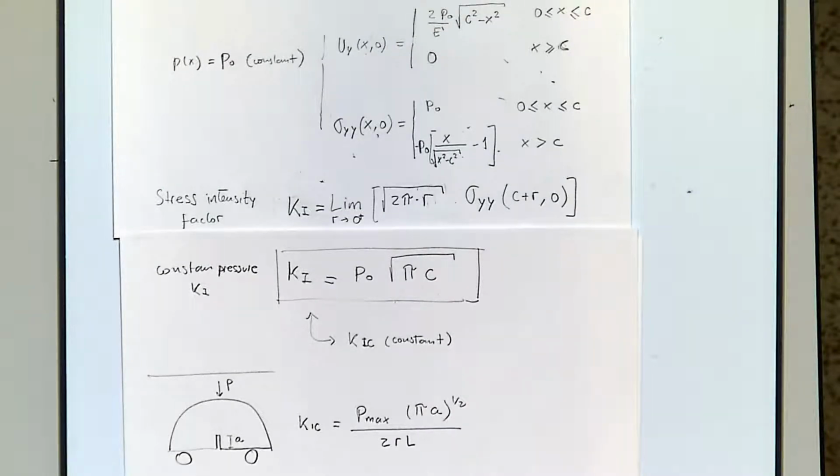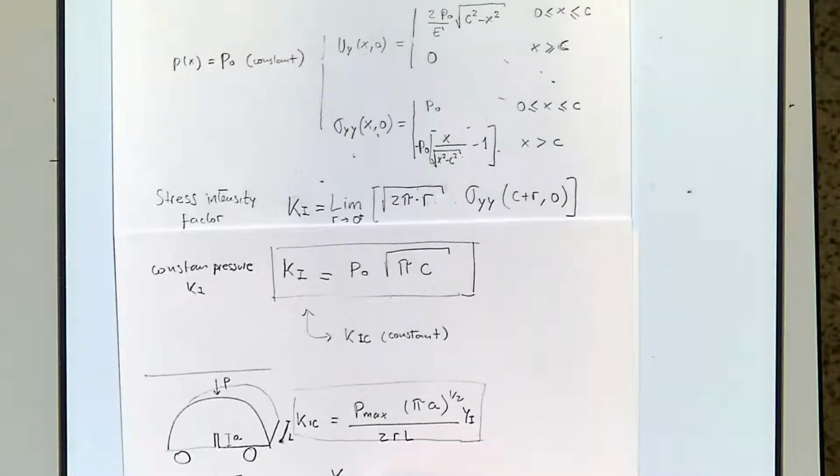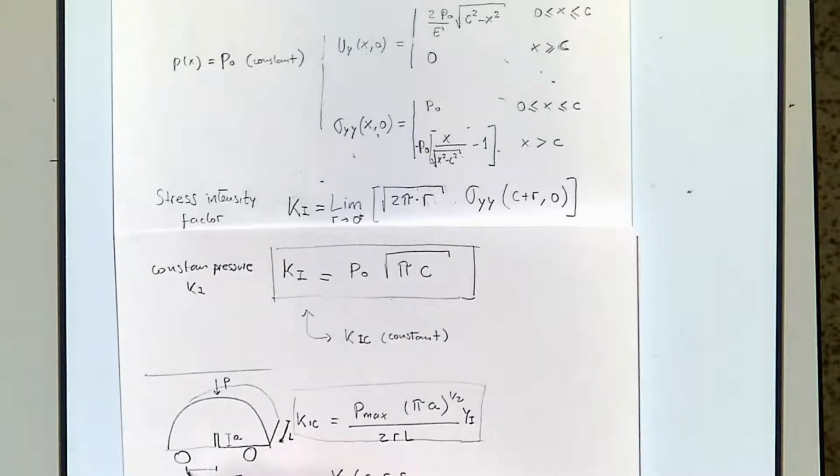And what am I missing here? I'm missing R. R is the radius. L is the thickness. And what else? I'm missing this coefficient that depends on a, R, and S, where S is the distance from here to here.